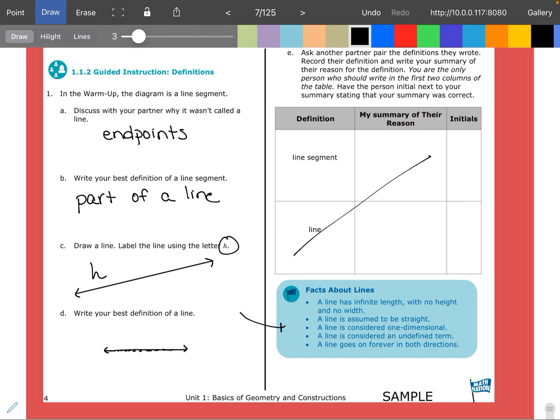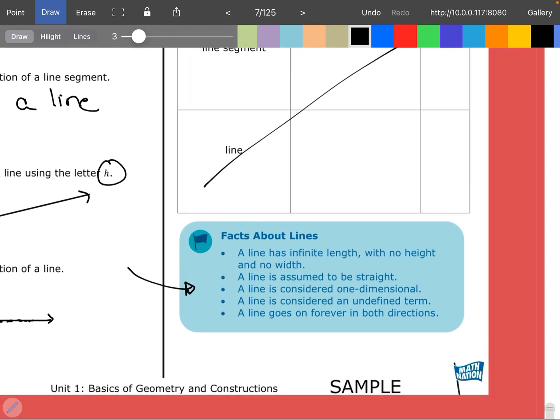Then we started talking about the facts about the line, that it has infinite length, but it has no height or no width. It is assumed to be straight. It is one-dimensional. When we're talking about dimensions, we're talking about length, width, and height. So one dimension means that it only has length in this case.